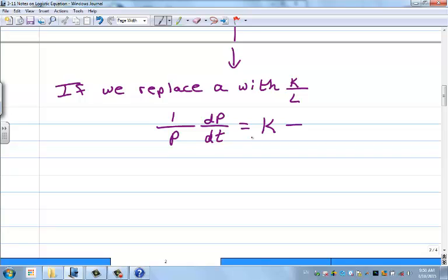It's going to be K minus K over L times P. All right, where L, again, is that really important limiting value of the population. Now, we want to be able to take that limiting value, or what we're going to call the carrying capacity of the environment, and we want to be able to pull it right out of this logistic equation.